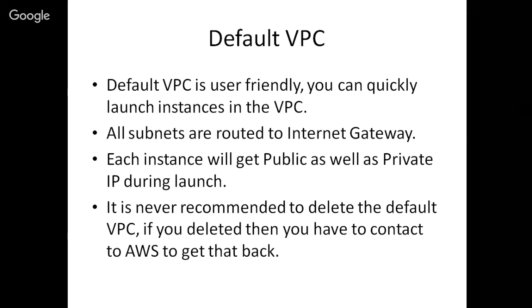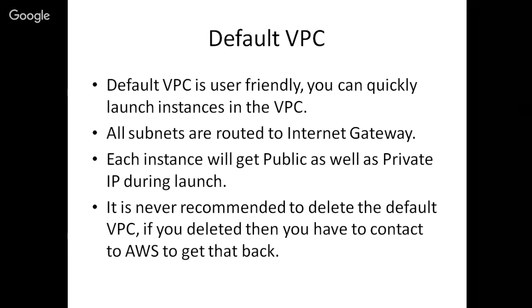They create one default VPC for your account so that you can quickly launch instances in the VPC. You need not bother about creating the VPC or the subnet, and you need not understand those concepts initially.